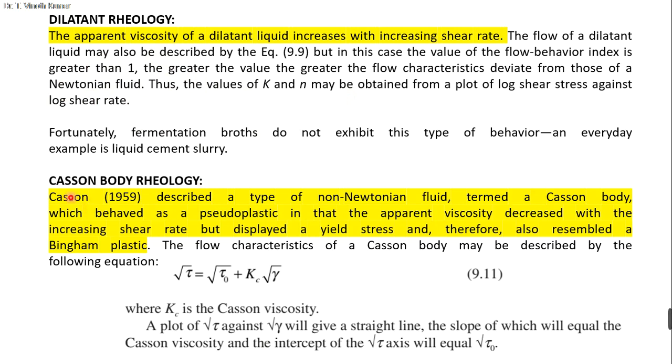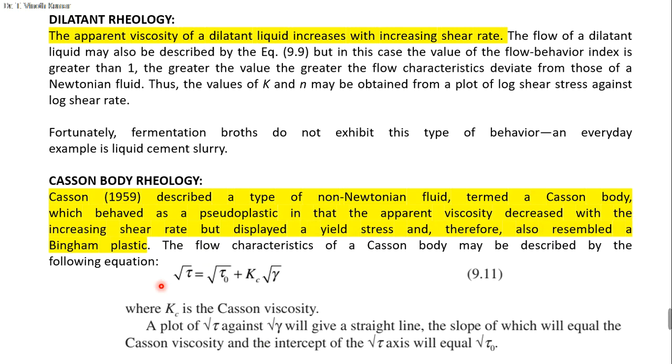Next one is Casson body. We already explained about the Casson body. This is a type of non-Newtonian fluid termed as Casson body, which behaved as a pseudoplastic in that the apparent viscosity decreased with increasing shear rate but displayed a yield stress, and therefore also resembled the Bingham plastic.